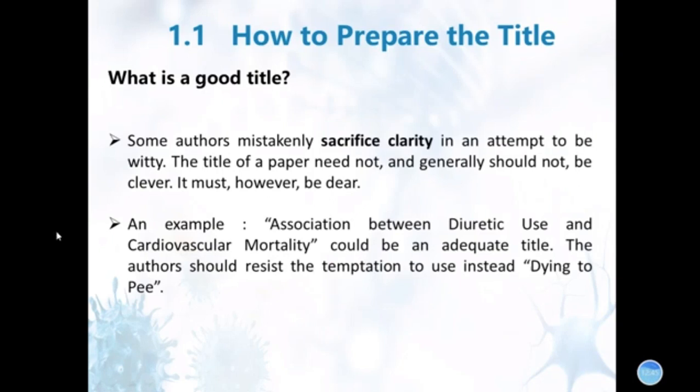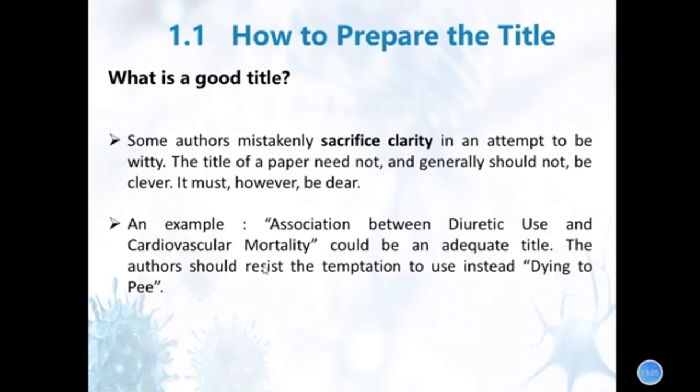However, some authors mistakenly sacrifice clarity in the title in an attempt to be clever. But the title of a paper need not, or generally shouldn't, be clever. It must be clear. That means it should be scientific and easy to understand.